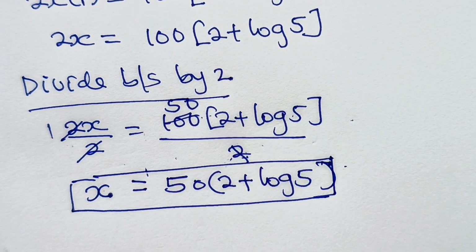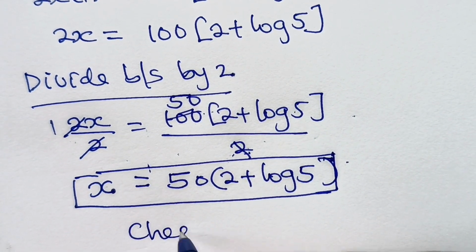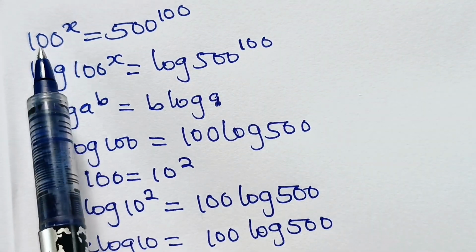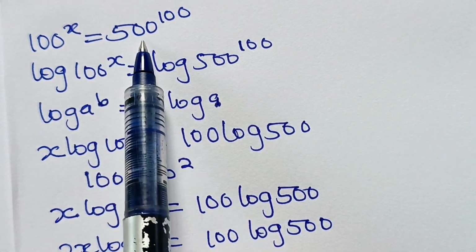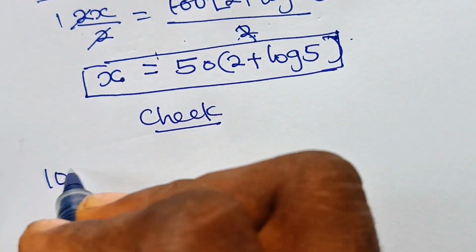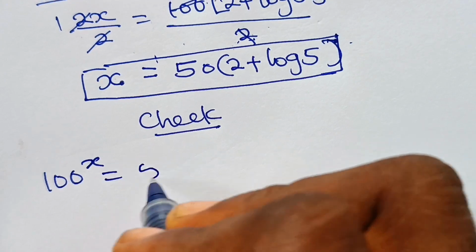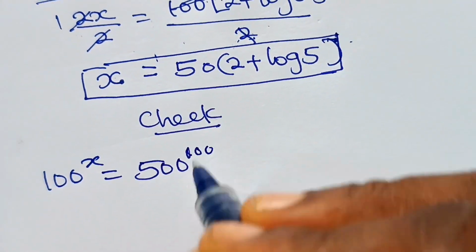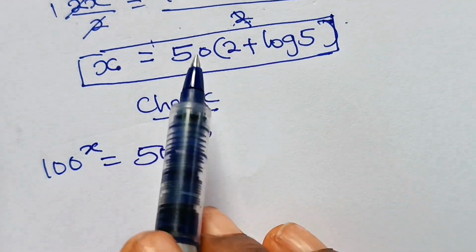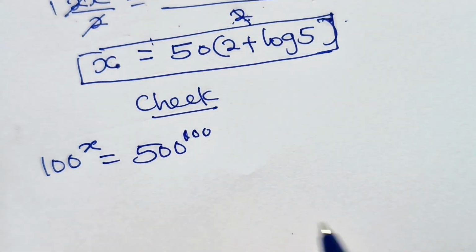Now remember that we said we are going to check. We are going to be sure that the answer we got is correct. Now this is where this video becomes more interesting. So the question says 100 to the power of x is equal to 500 to the power of 100. Now our x is equal to this, so let's substitute.